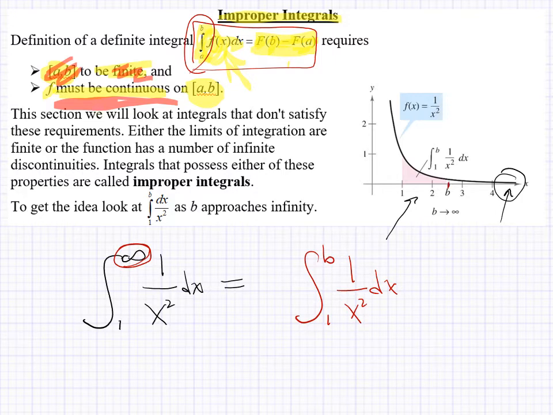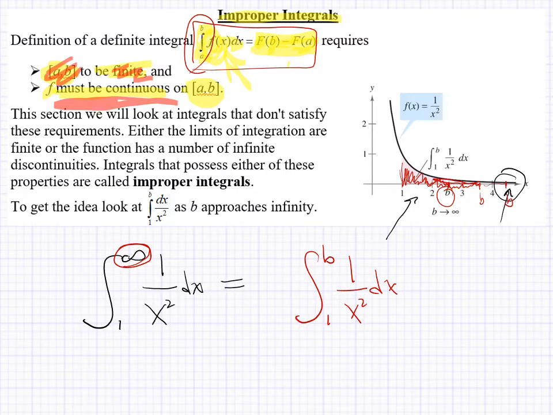Pick some random value b. And I can do the integral from 1 to b, so I can find this area here. And then let's say b is here now, and let's do the integral from 1 to b now, and we'll find that area. And then let's move b down a little bit further and say let's find the integral from 1 to b now.